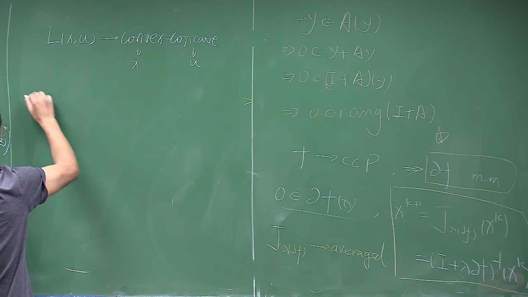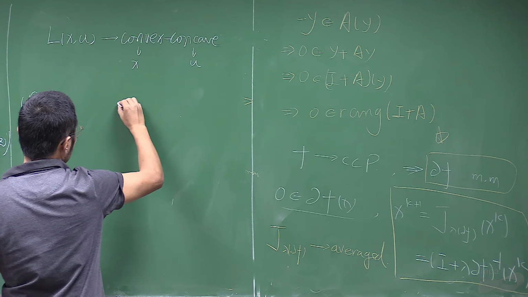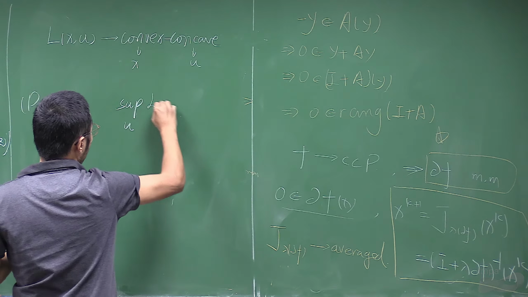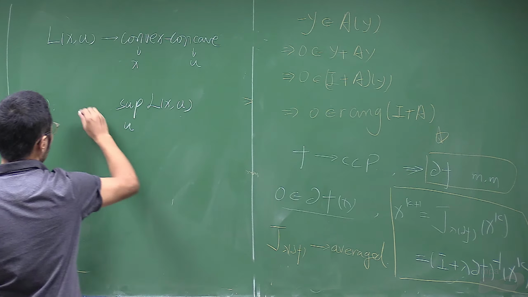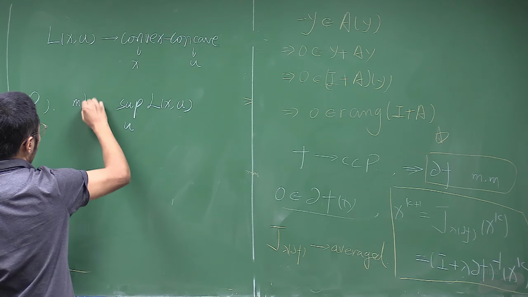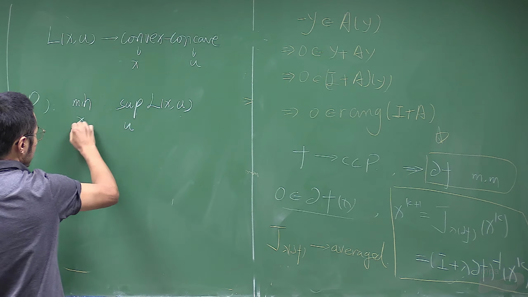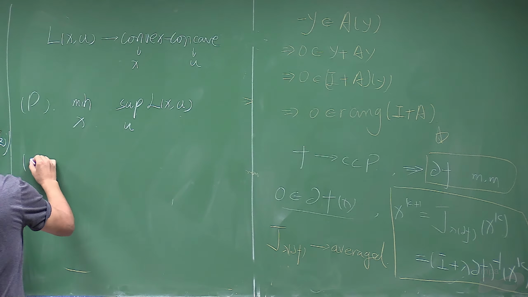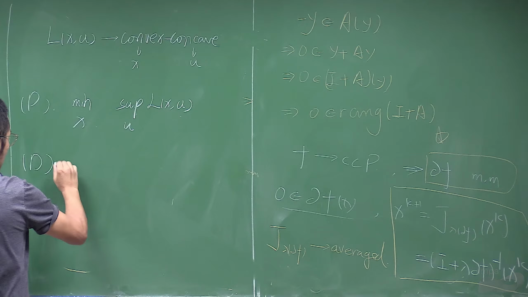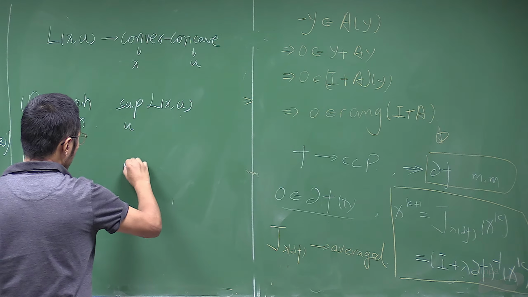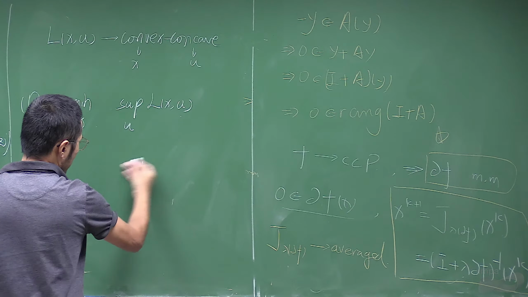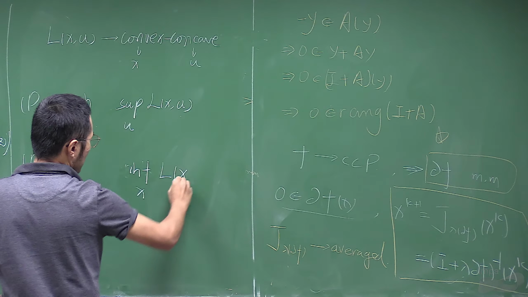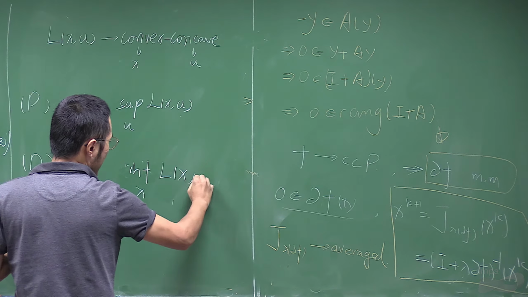So the dual problem is defined by, first we take the sup in U of L(X, U), and then we take the minimum or infimum, whatever, in X. Then we write the dual problem. First we take the infimum in X of the function L(X, U).